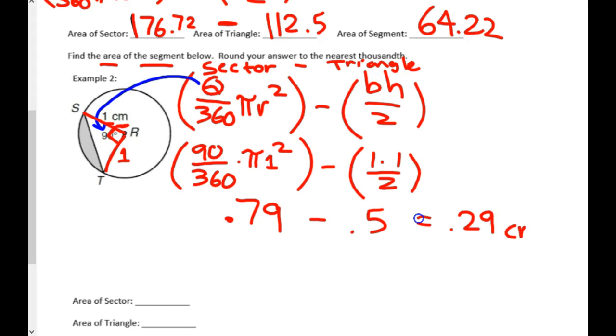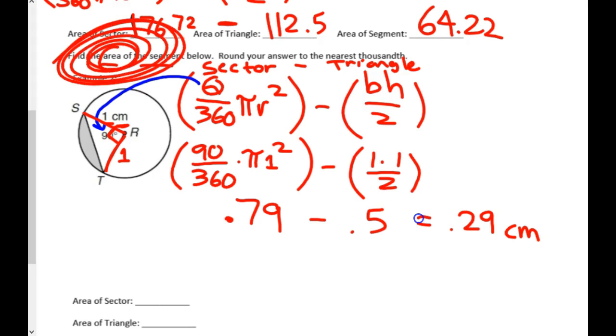Now, do you think these are centimeters, or centimeters squared, or centimeters cubed, or what is it? Squared, because there's this big key word right here. Area, right? So, centimeters, I'm going to put my squared on it.